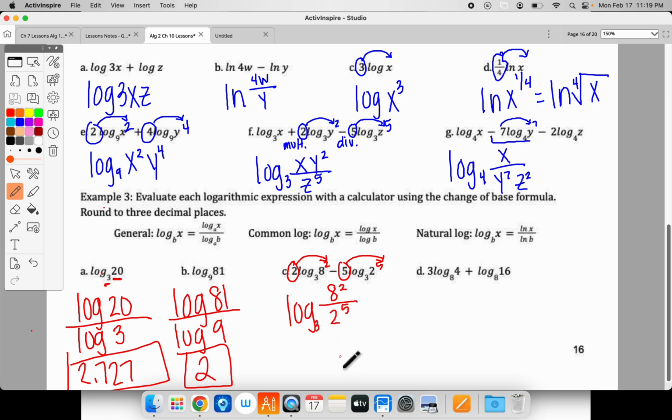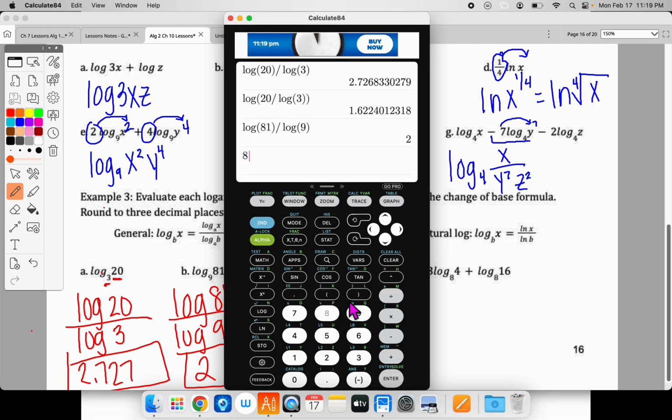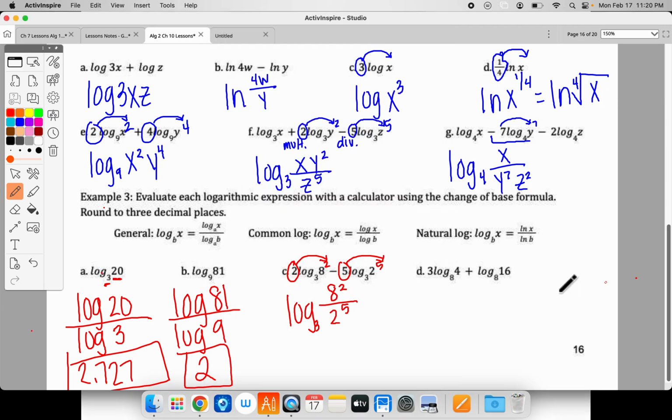Your base is still 3. 8 squared divided by 2 to the 5th is 2, because that's 64 over 32. So that's log base 3 of 2.